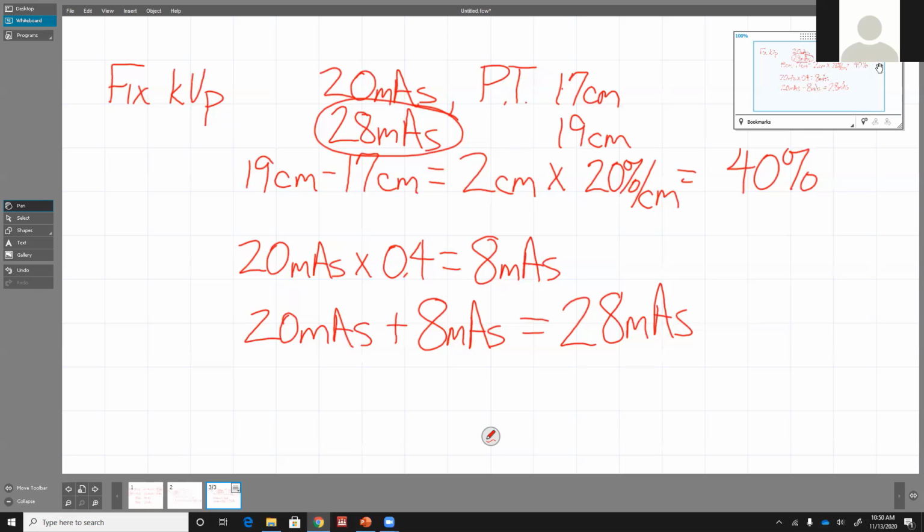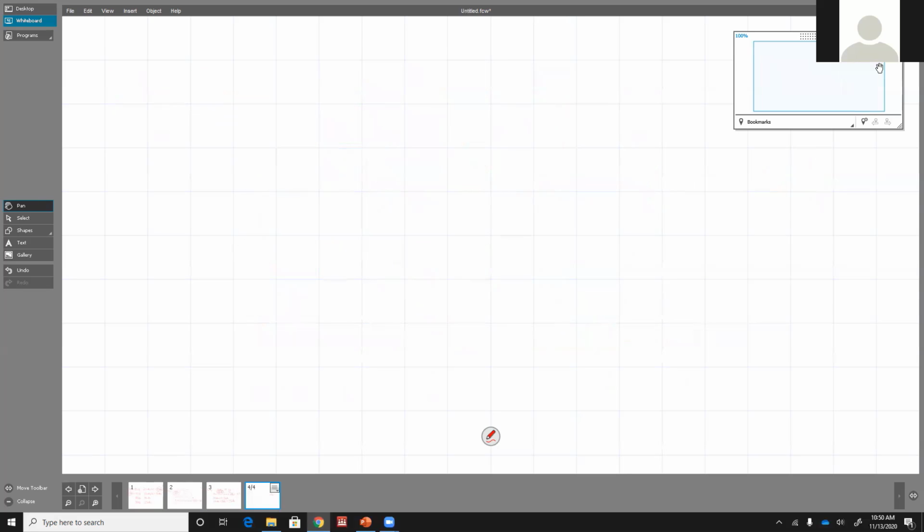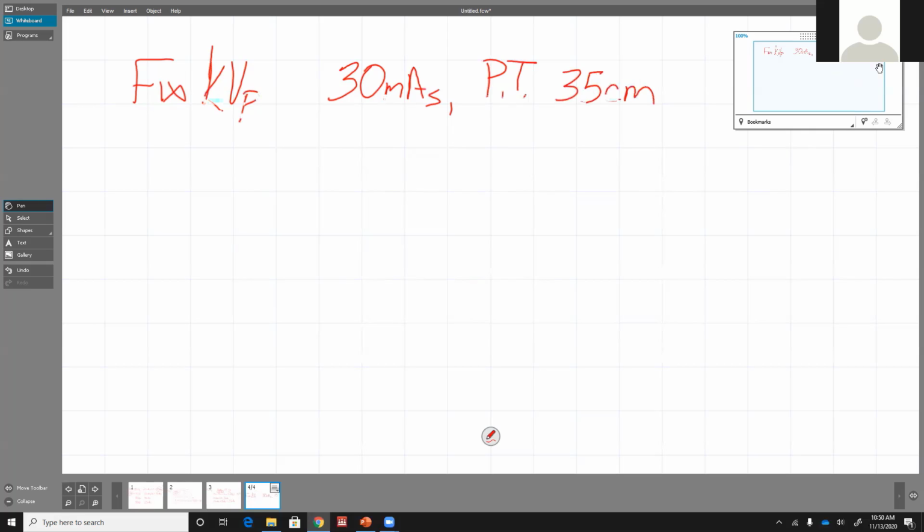When it decreases, you... Yes. Okay, so we'll go fixed. We'll go 30 mAs and part thickness of 35 cm.